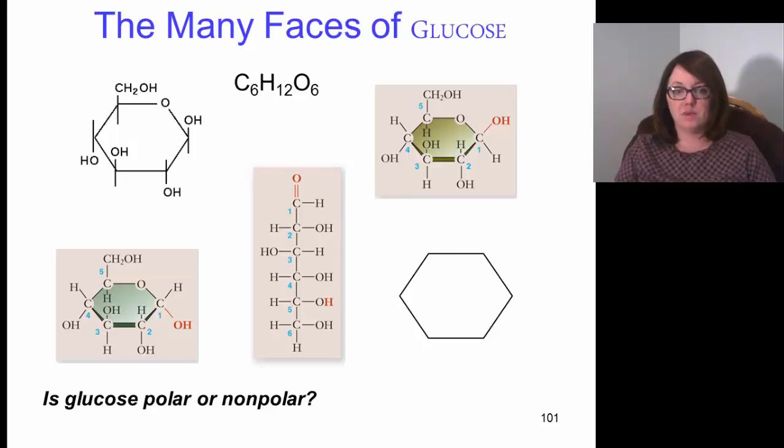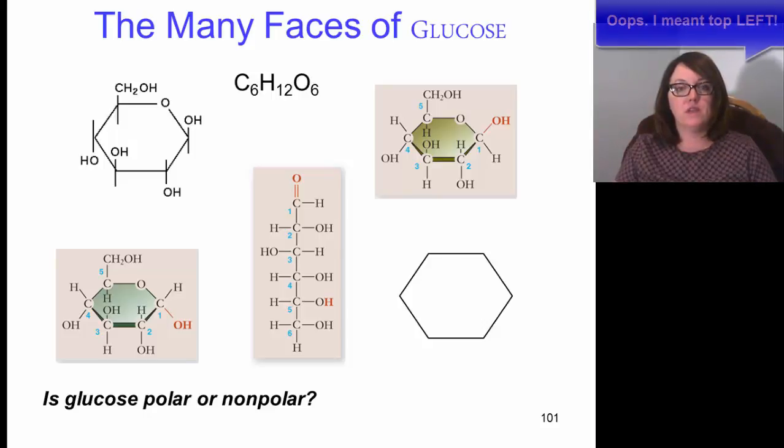They both contain the same number of carbons, hydrogens, and oxygens, but if you look closely, one of the hydroxyl groups is up and one is down, and that's referring to the hydroxyl group attached to carbon number 1. Both of those are glucose. They're just different forms of glucose. One of those the human body can use and the other one it cannot, oddly enough. So those are both glucose.